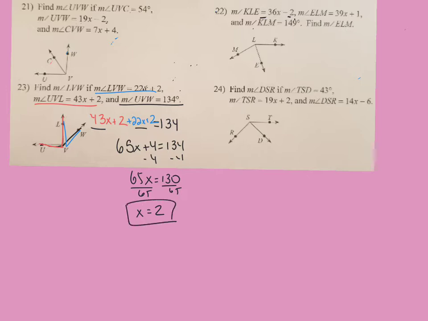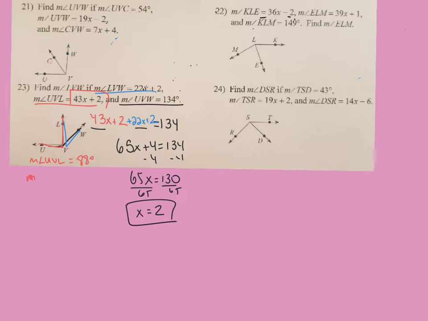Now, I'm going to plug it in. So, I'm going to find UVL first. That's 43 times 2. So the measurement of angle UVL is 43 times 2, which is 86 plus 2 is 88, so I think it's 88 degrees. Right?